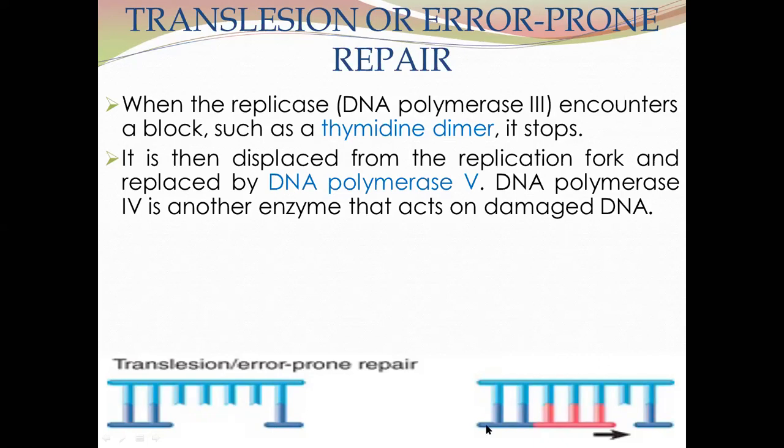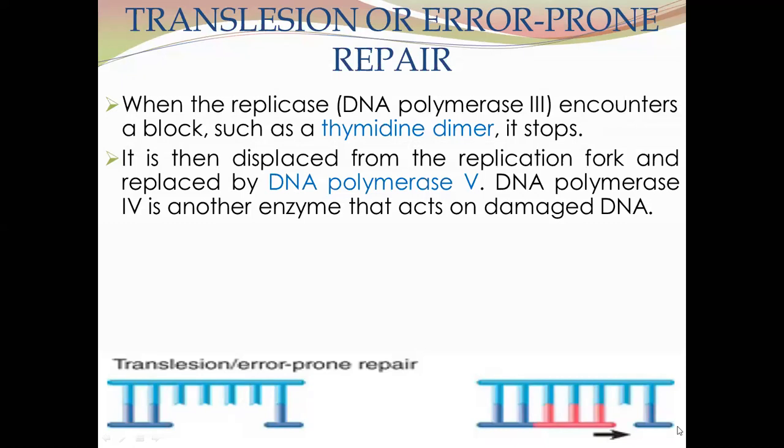DNA polymerase V can continue the replication process because it has a capacity to act on the damaged DNA. Both DNA polymerases V and IV can bypass the damaged segment of DNA during the replication process, and thus they continue the replication.